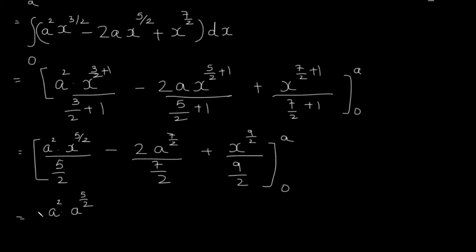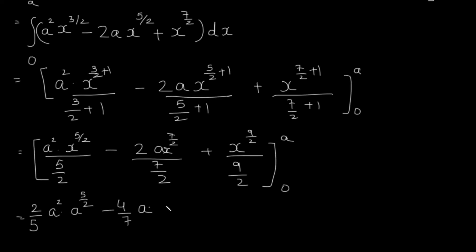In the denominator, we write it as 2 upon 5. Okay. Then minus, again, the 7 upon 2 in the denominator comes up. So we get 4 upon 7, by multiplying by 2. A raised to, in this case it was a into x raised to 5 by 2 plus 1, so it is a into x raised to 7 by 2.